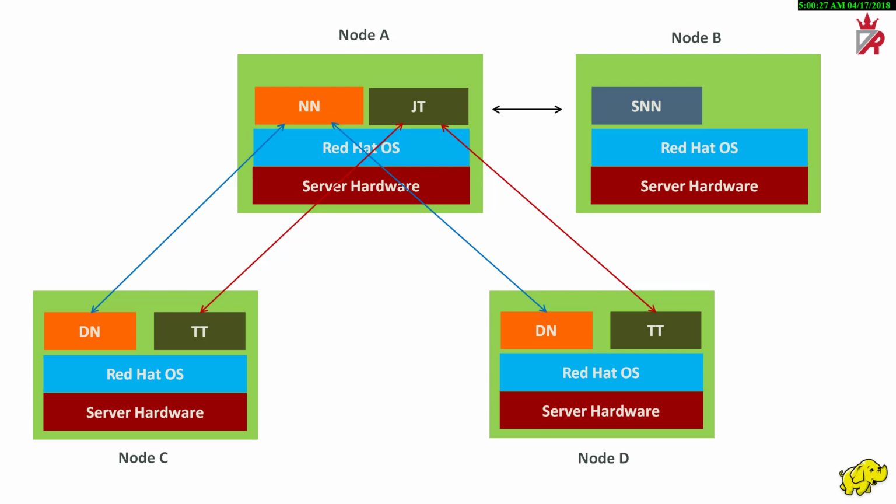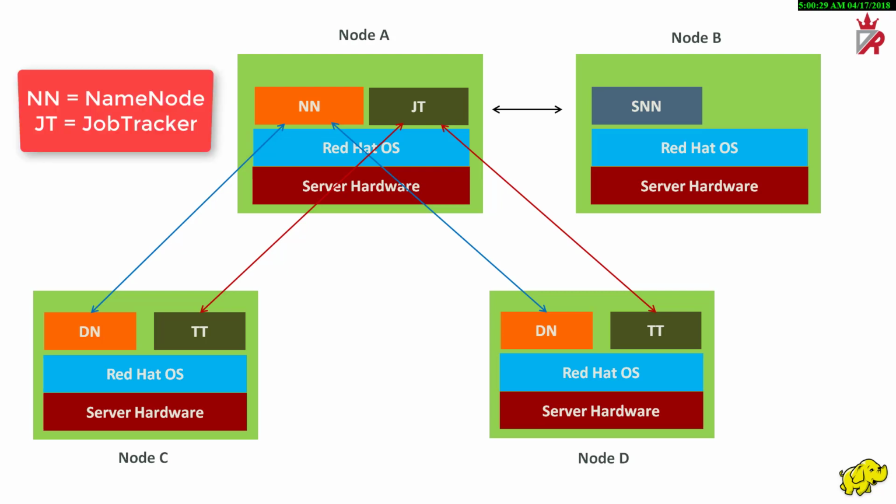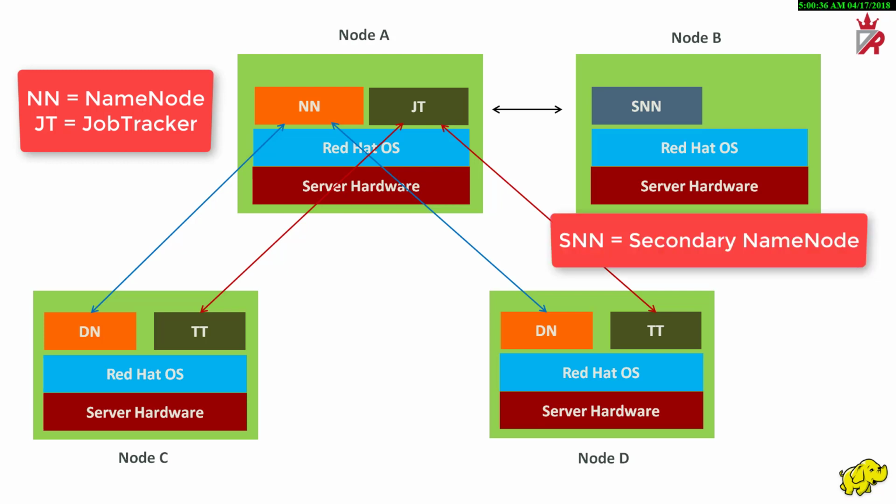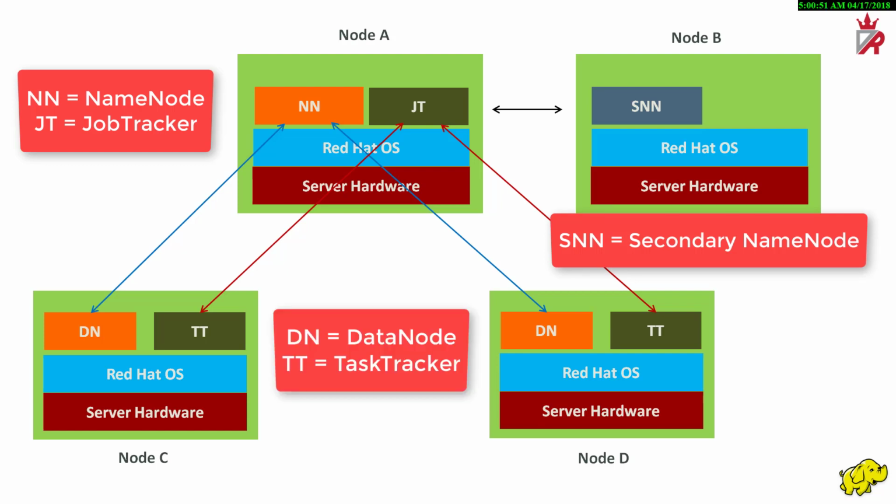On node A, 2 Hadoop processes called name node and job tracker are running. On node B, 1 Hadoop process called secondary name node is running. On node C, 2 processes called data node and task tracker are running. And it's the same in the case of node D, where data node and task tracker processes are running.